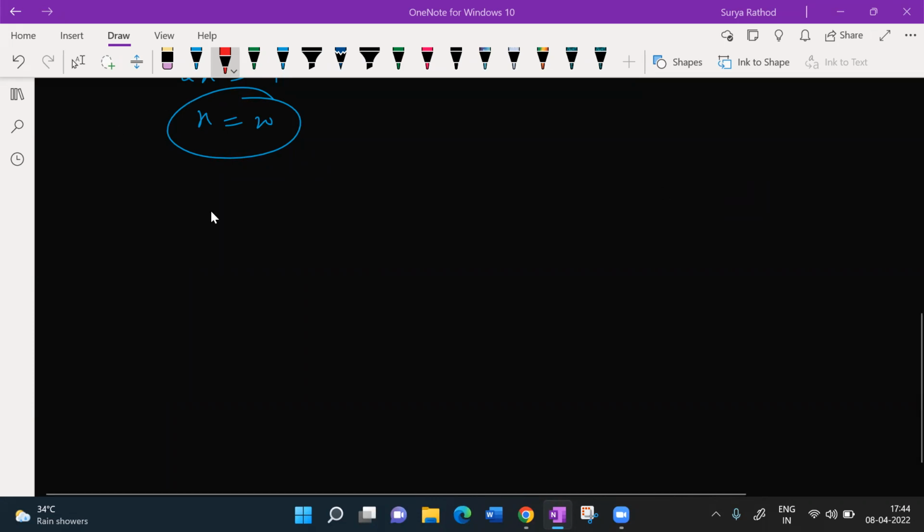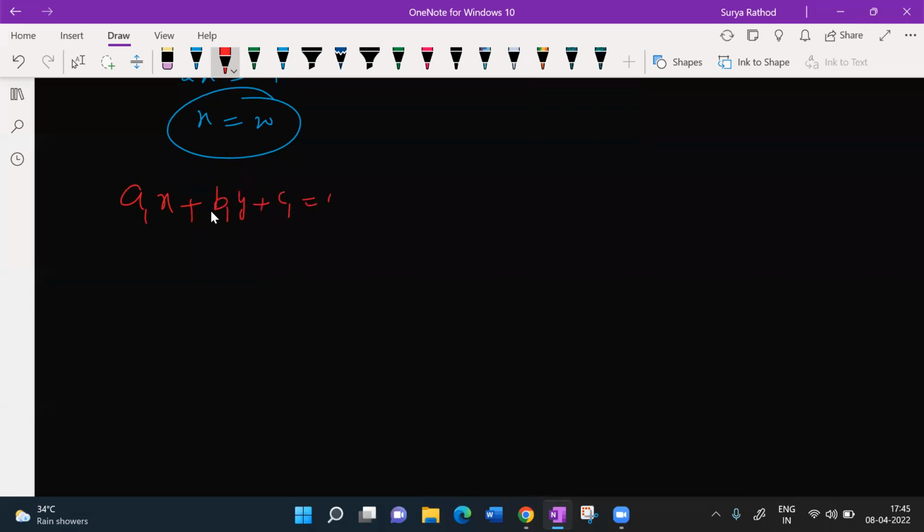But look at this here. You are asking about solving a pair of linear equations by using the cross multiplication method. Suppose I take linear equations a1x plus b1y plus c1 is equal to 0, and a2x plus b2y plus c2 is equal to 0. These are two linear equations in two variables. From this we have a formula.